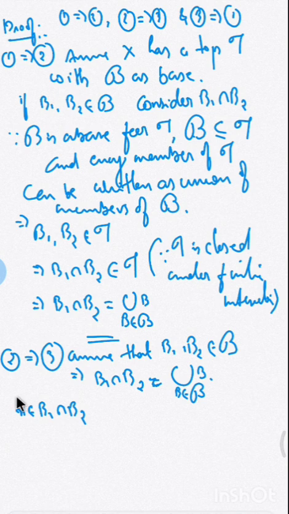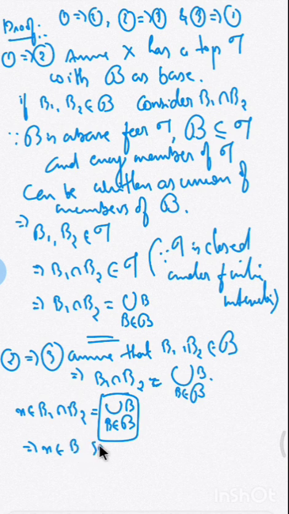Okay? X belongs to B1 intersection B2. What is this B1 intersection B2? It is nothing but the union of B in script B. So what it means is X belongs to some B in this union, for some B in script B. Take this B as B3. B3 is in script B, and B3 belongs to this union.